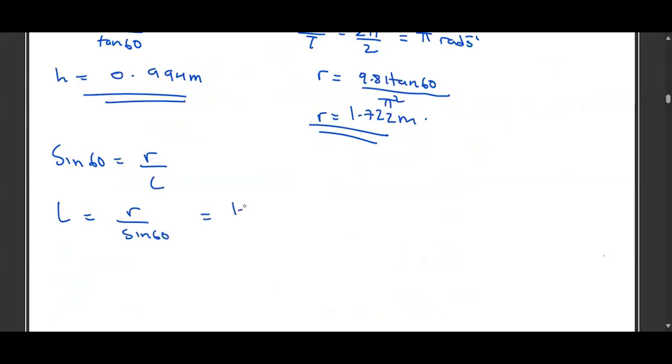R is 1.722 divided by sine 60. I'm getting our L as 1.988 meters.